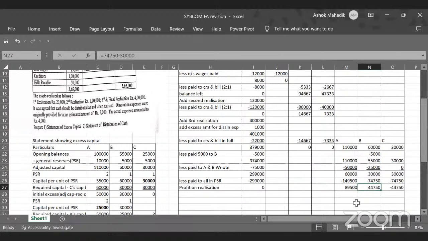Okay, students, that we understand that it's not a negative value.